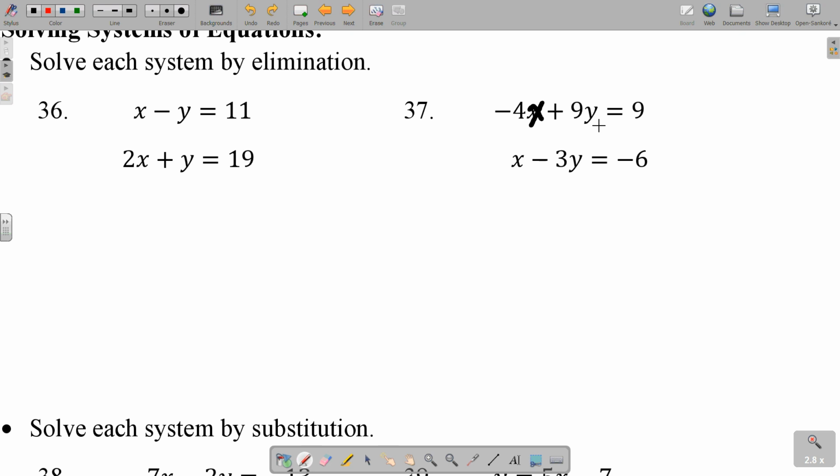Solving by elimination, you want to try to find a way to get rid of both x or y, and because there's only a 1 here, and that's -4, we're going to multiply this whole thing down here by +4. Draw your distributive lines.